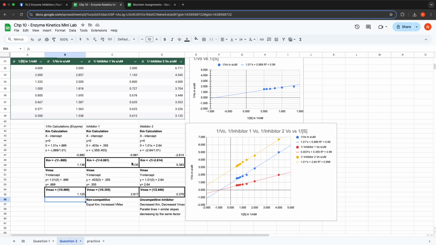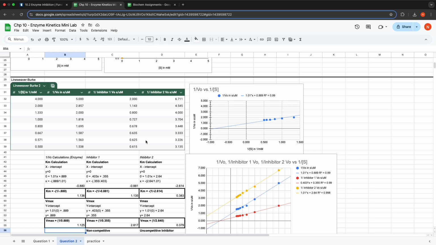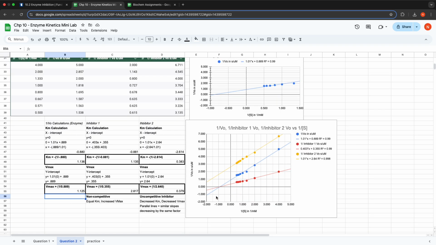Now, for this Lineweaver-Burk plot, when we add in the 2 inhibitors, we look at this plot here. I put all three of these linear regressions in the same scatter plot to be able to compare each one.